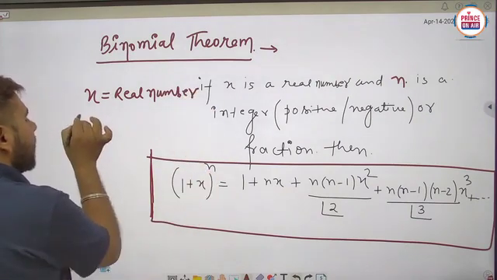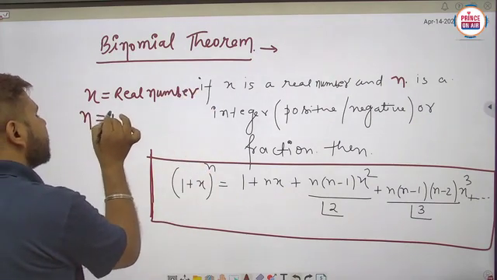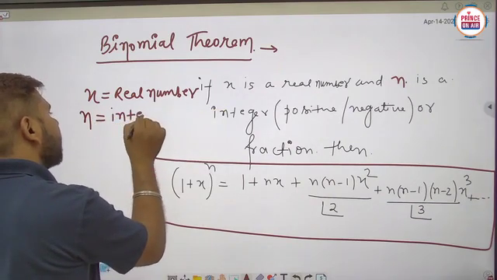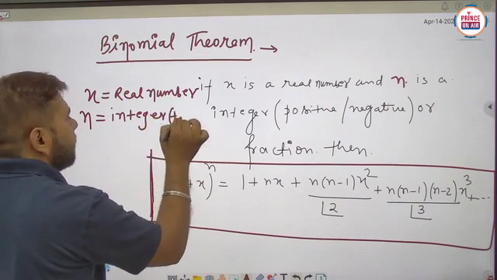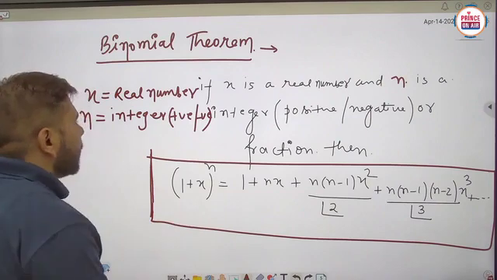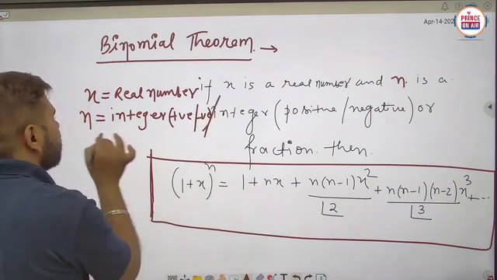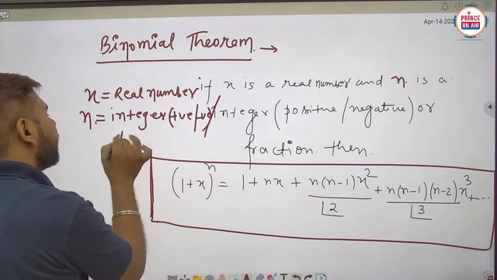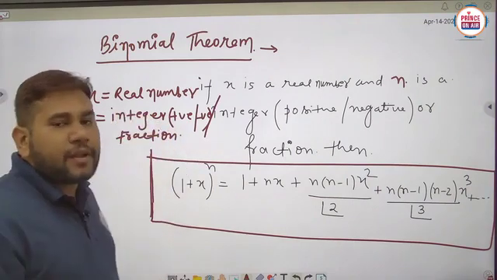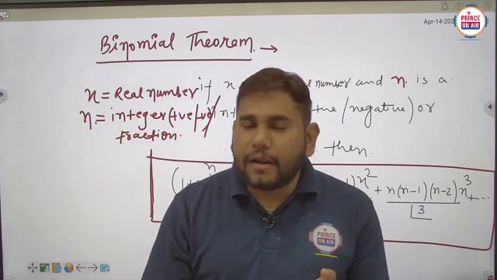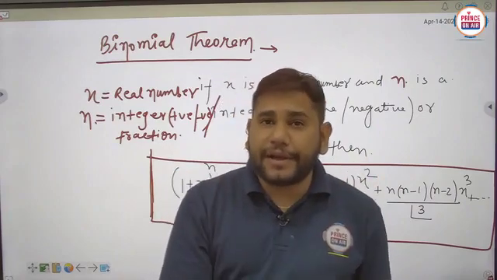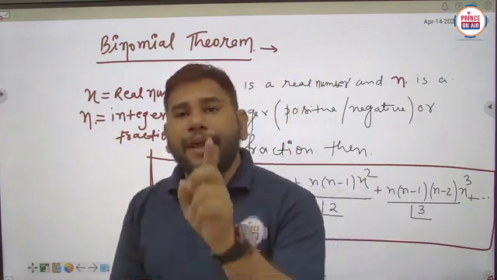N may be integer, and this integer may be positive or negative, or this n may be fraction, no matter. Clear beta? X is the real number, n is the integer, it may be positive or it may be negative, and n may be fraction.